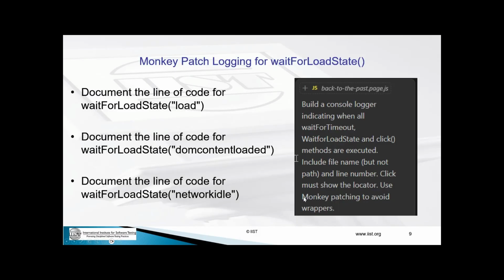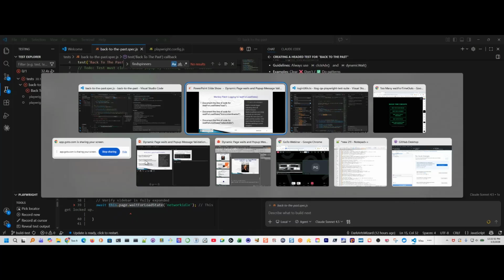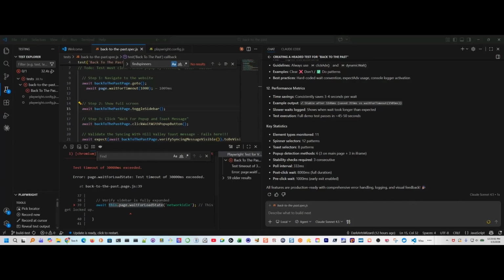And in this case, since I'm only doing reporting, I'm going to do logging. I'm going to use monkey patching to avoid any wrappers at this state. So, just to save time, by the way, I had a lot of conversations with my AI, I'm going to jump forward to where we have done this.